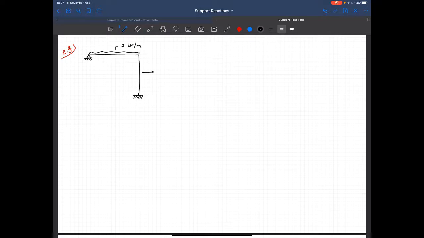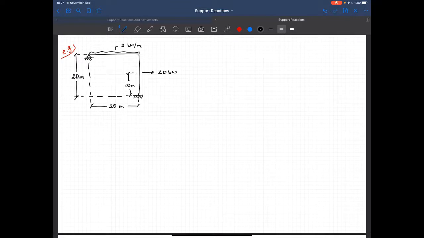I put a point load here, that's 20 kilonewton. It's applied from the middle, so that's 10 meters. This distance is 20 meters. And again, the height of the column is 20 meters.